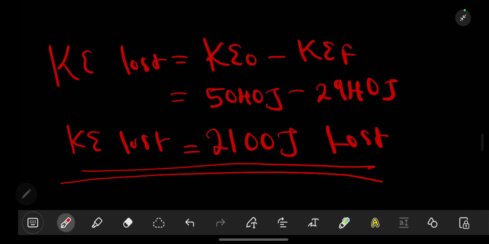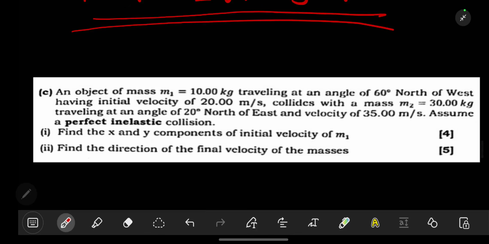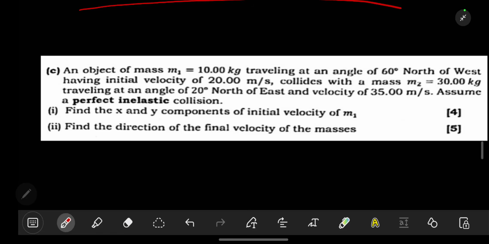Let's move on to the next question. Let's move to two-dimensional, where we have to isolate the system into x and y components. So let's begin.